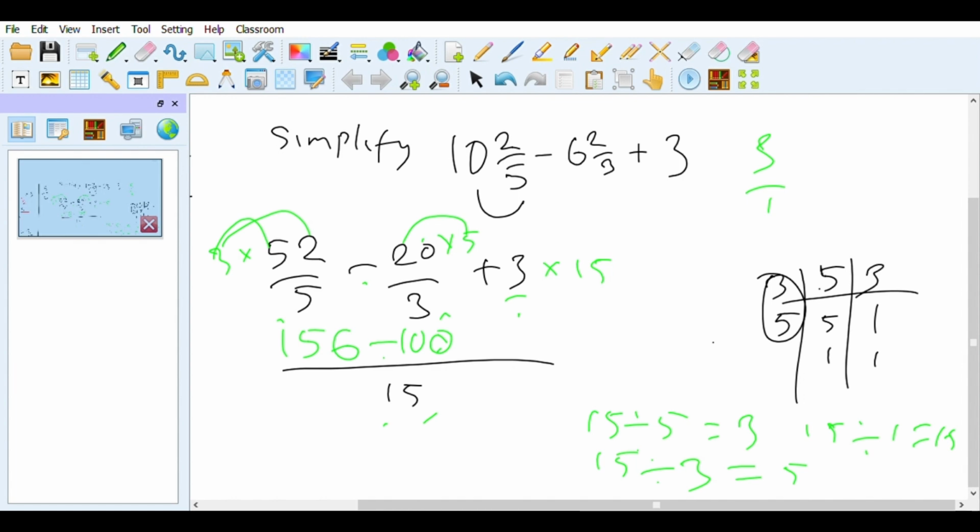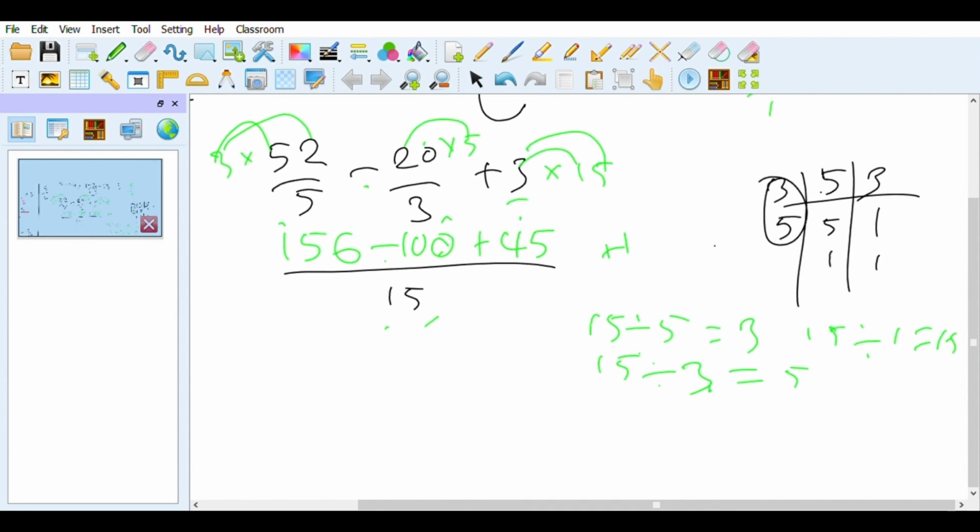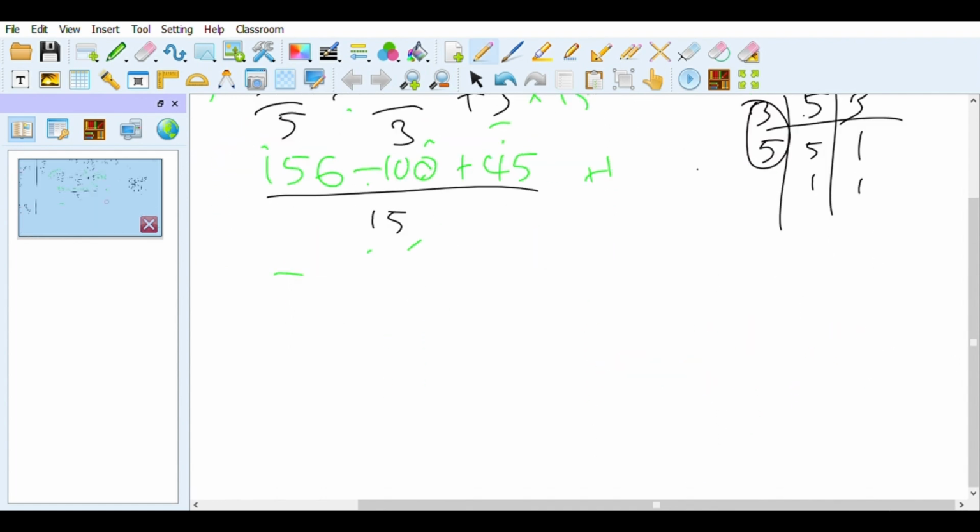So 3 times 5 is 15, carry 1. 3 times 1 is 3, plus 1 here, we get 4. So we have 45 here. So we have 156 minus 100 plus 45. So 156 minus 100 is 56.